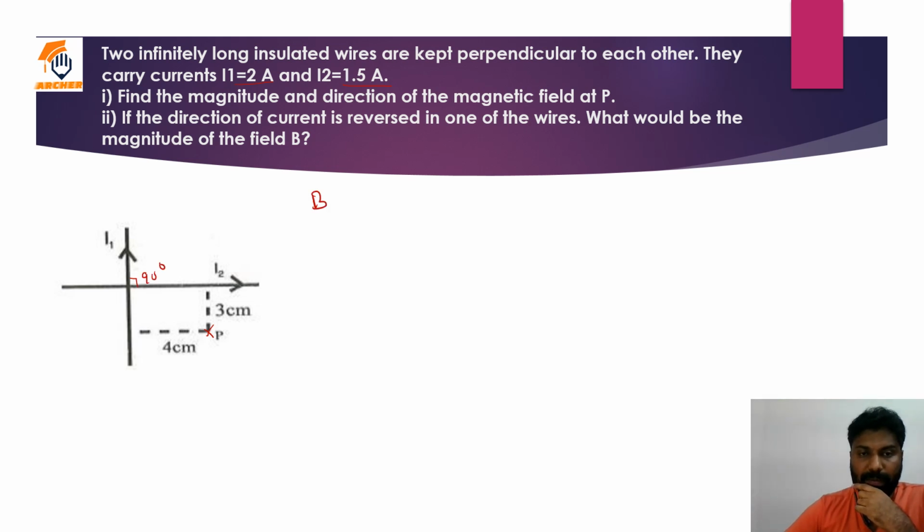So what will be B1? It will be μ0 I1 by 2π A1, right?